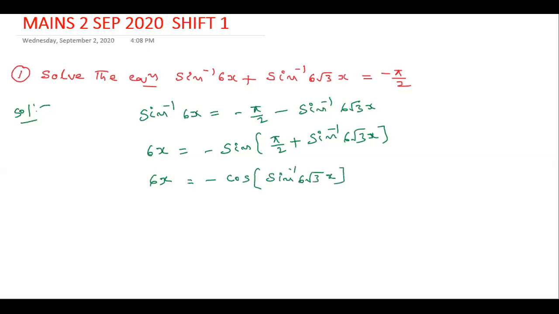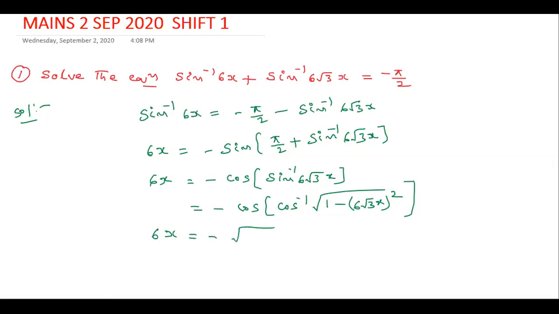So sine inverse x converts into cos. This is cos inverse of under root 1 minus 6 root 3x whole square. Sine inverse of x is equal to cos inverse of under root 1 minus x square. Here the cos inverse is going to cancel. 6x is equal to minus under root 1 minus 108 x square.